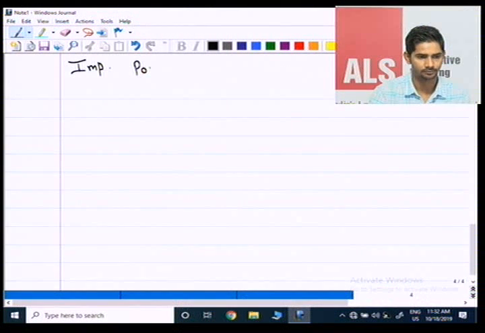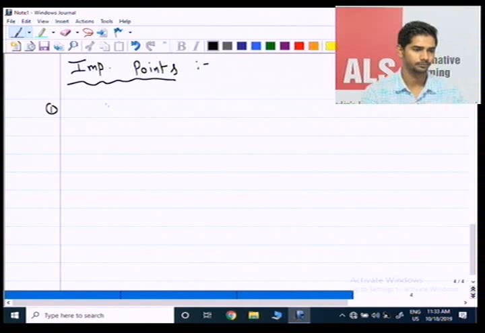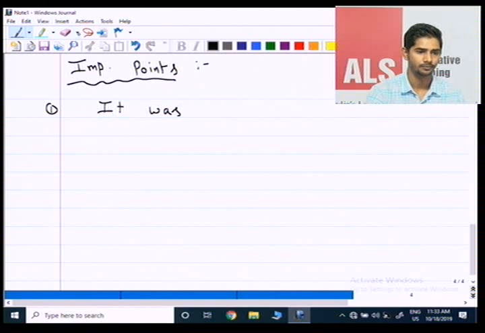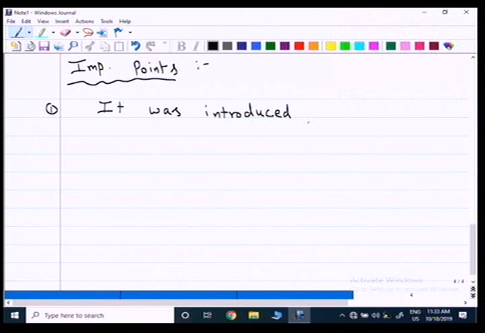Important points. It was introduced by Heitler and London. You need not remember this, but this is just for information. And guys, if anyone has any confusion or doubt, you can ask me.